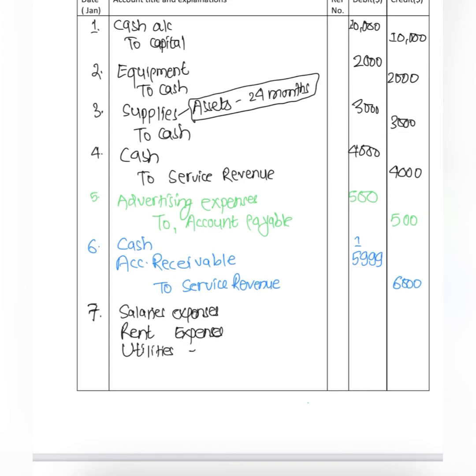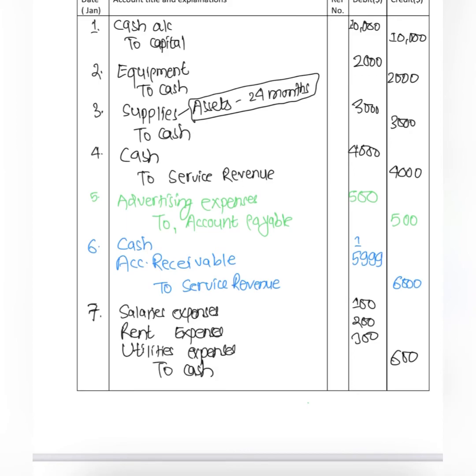What are utilities expenses? Examples are telephone bill, water bill, things like that. 100, 200, 300. So for the company, all cash goes out worth of 600.